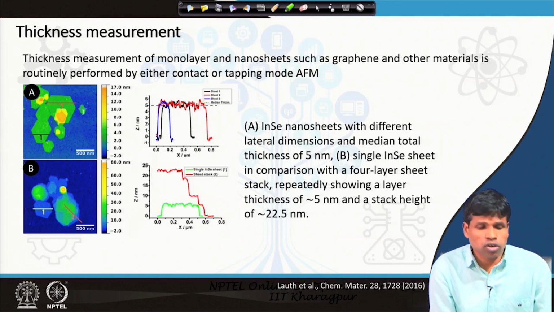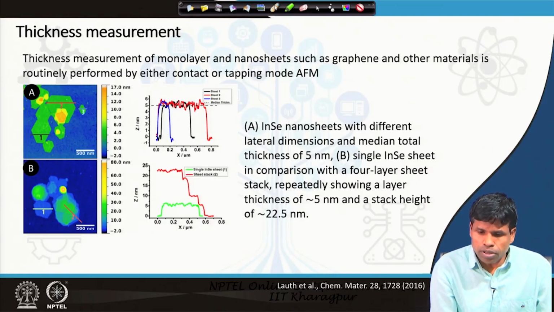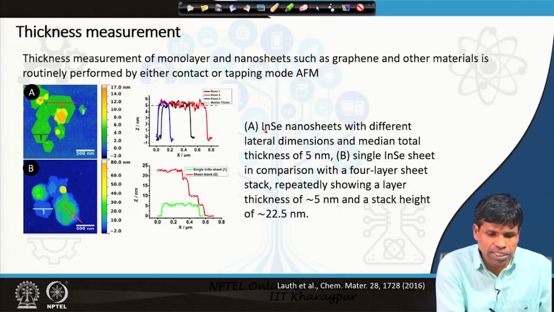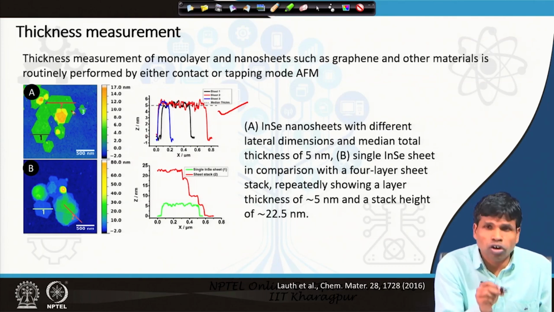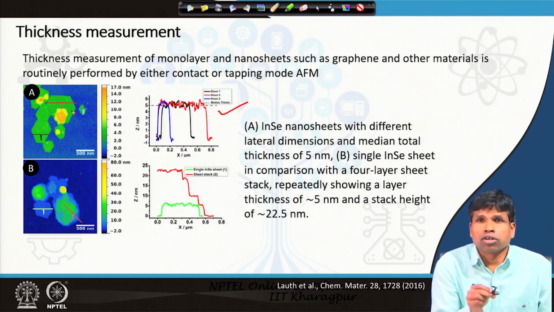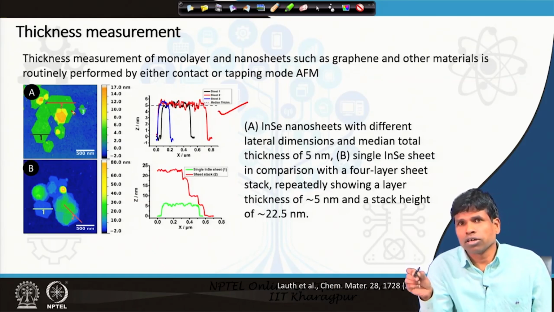Then there are hexagonal sheets of indium selenide nanosheets. They are of different thickness, and on the right, this is the line scan giving us the thickness of the nanosheets. Because the tip goes up as soon as it sees an object or 2D material, then scans, then goes down.